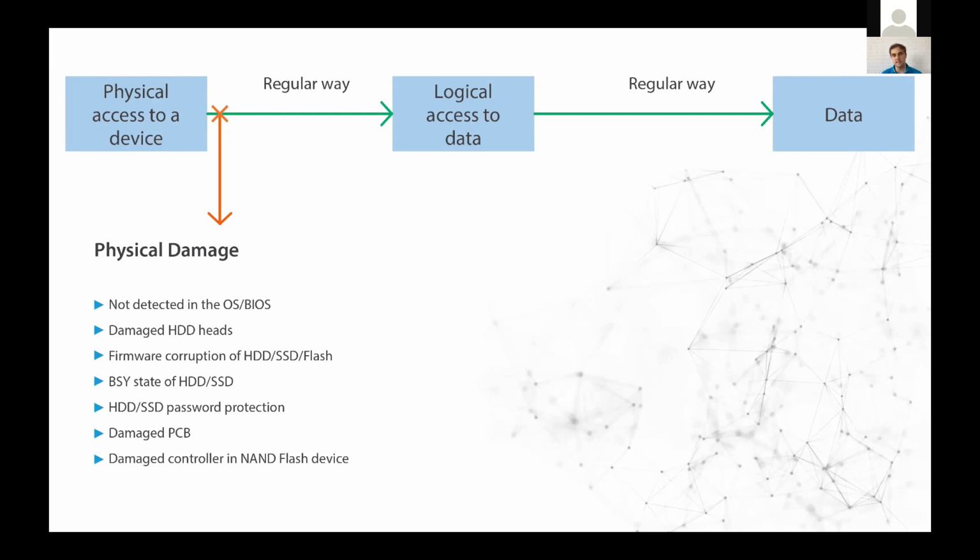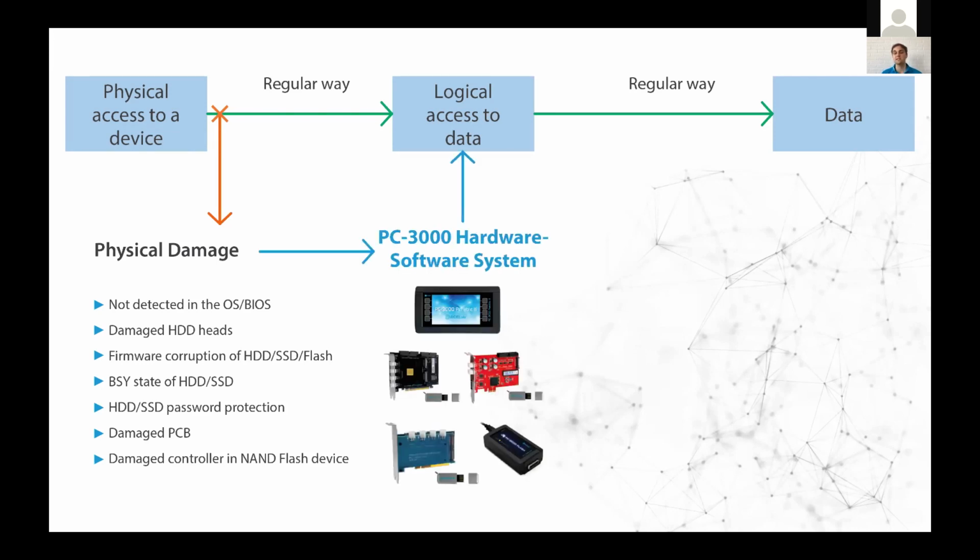In this case, our company, which has more than 20 years of experience in data recovery from physically damaged drives, offers our PC3000 hardware and software system, which differs for different purposes. For example, for flash drives, we provide PC3000 Flash, which is one of the best solutions on the market for physically damaged non-volatile storage devices.